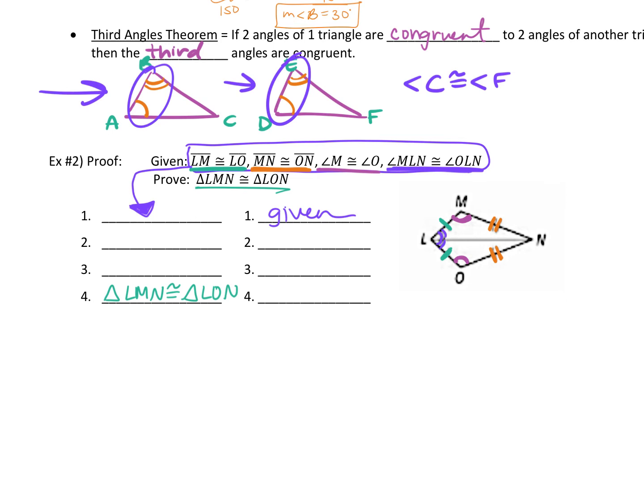Okay, so all of that information has been given to us. Now think about what we're trying to come up with. 6 things, 3 sets of sides and 3 sets of angles that have to be congruent. Does anyone see how we could prove our next set of sides or our next set of angles congruent?